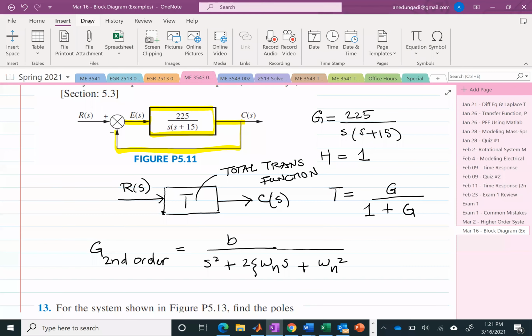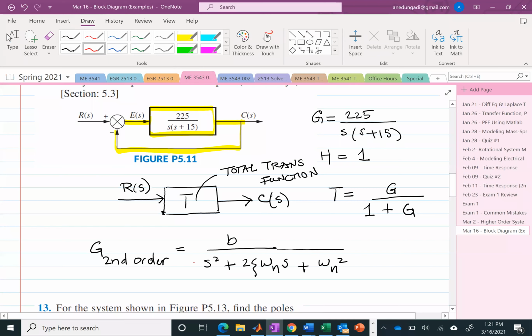You must have a 1 here in order to use this, in order to extract the zeta and the omega n. The s squared must have a unity factor to it.